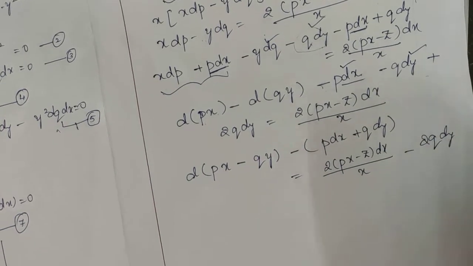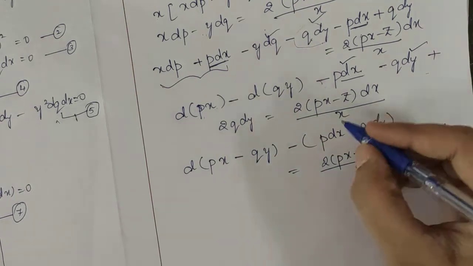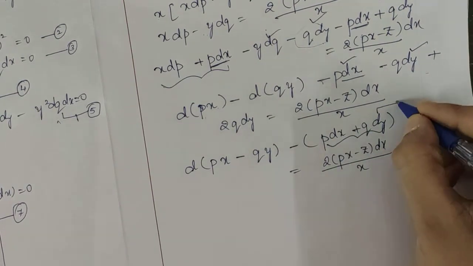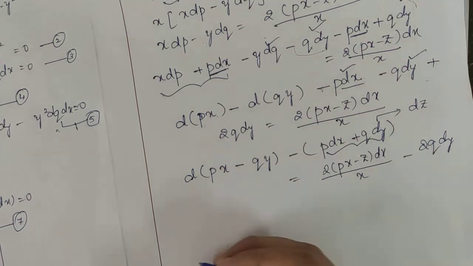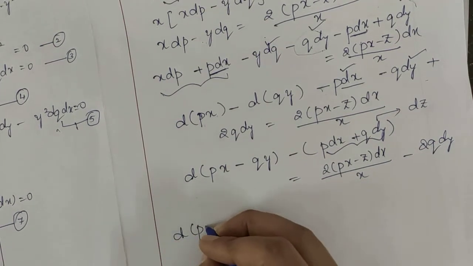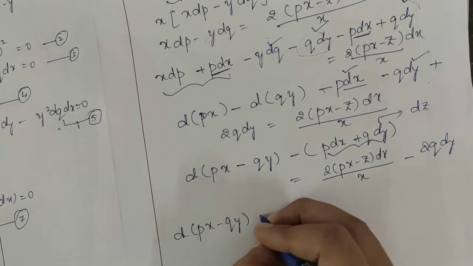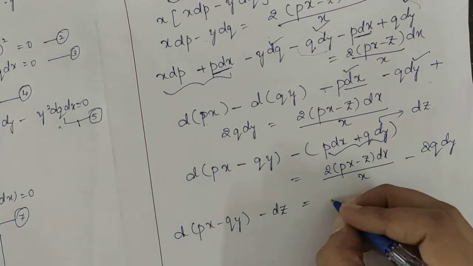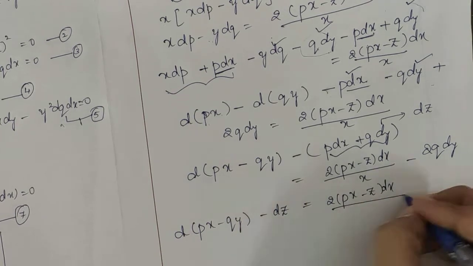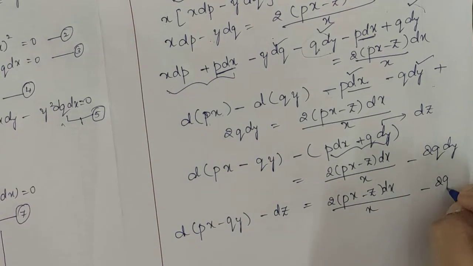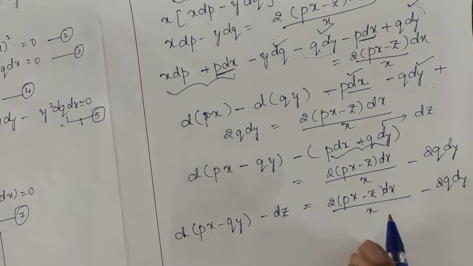I can write in this way, isn't it? So now what is p dx plus q dy? This is nothing but dz, isn't it? So substitute here, you will get d of (px minus qy) minus dz is equal to 2 times of (px minus z) into dx whole divided by x minus 2q dy.